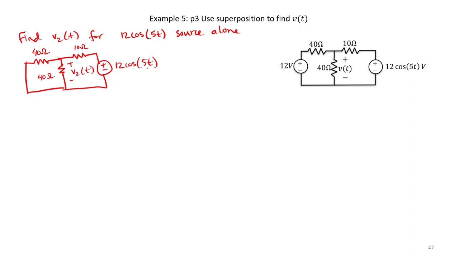How do we approach this one? If you're thinking about doing the same approach as before, you would be correct. We can once again combine the parallel resistors. So in this case, the parallel 40 ohm resistors.